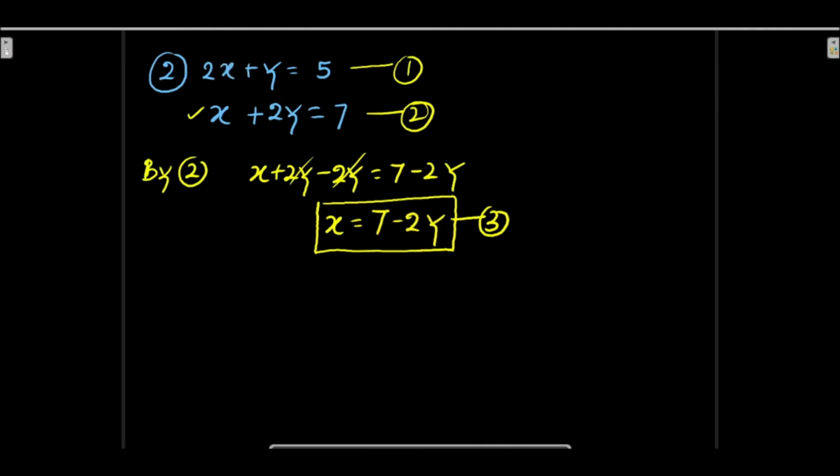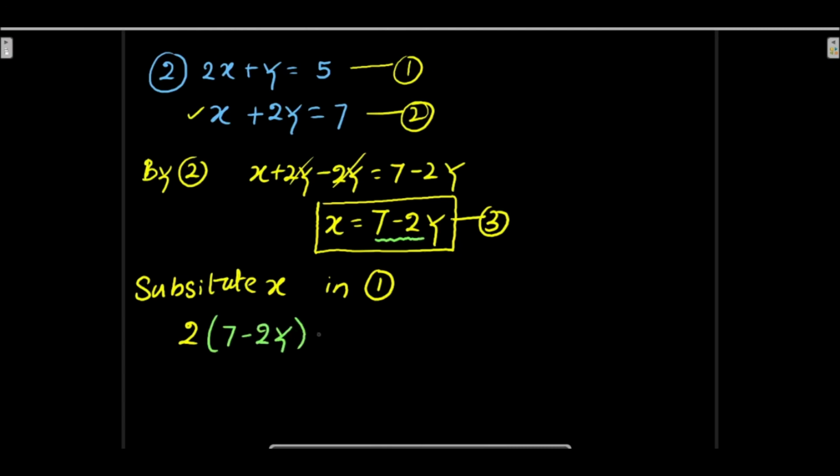So I write here, substitute x in the first equation. So now you can see 2 times the value for x, which is 7 minus 2y, plus y, then equal 5.